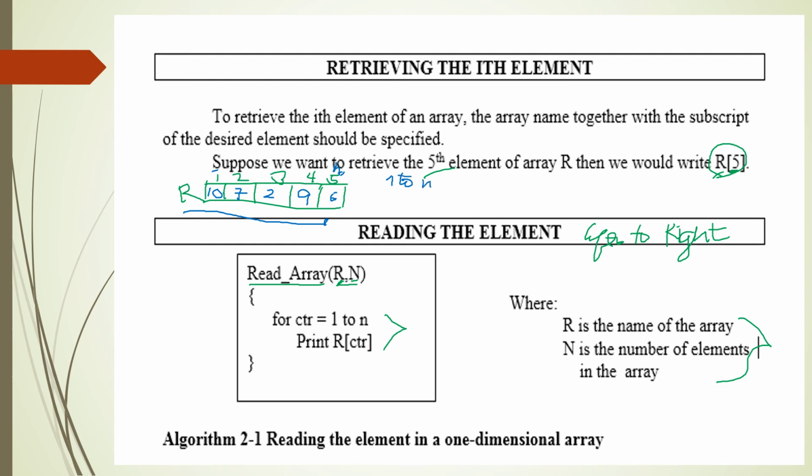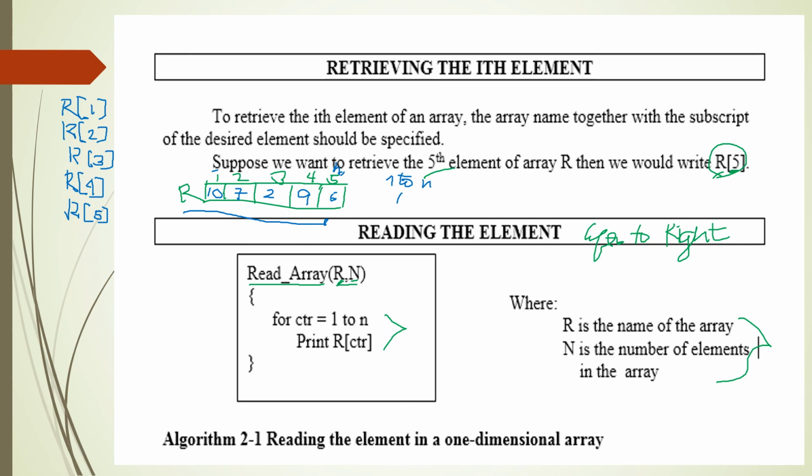Reading those elements, we simply have R sub 1, R sub 2, R sub 3, R sub 4, and R sub 5.